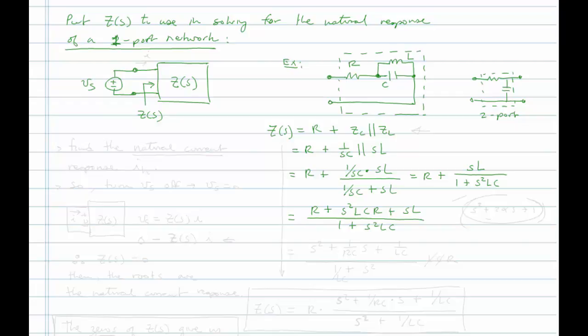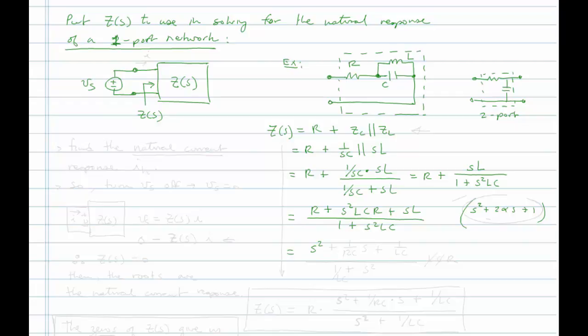And I want to clean this up. By now you know this common form. For second order, I see that at the top I have an S squared and an S to the 0. There's R on the left, it's R times S to the 0. So I see this as a second order form. Let me put it into the standard form, S squared plus 2 alpha S plus 1. I'd like to get it into that form, so I want to divide through the top and bottom by LCR, so I can get an S squared by itself.